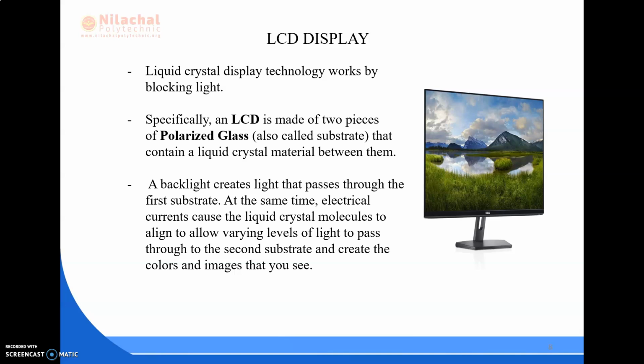The backlight creates light that passes through the first substrate. At the same time, the electrical currents cause the liquid crystal molecules to allow varying levels of light to pass through to the second substrate and create the colors and images that we see.